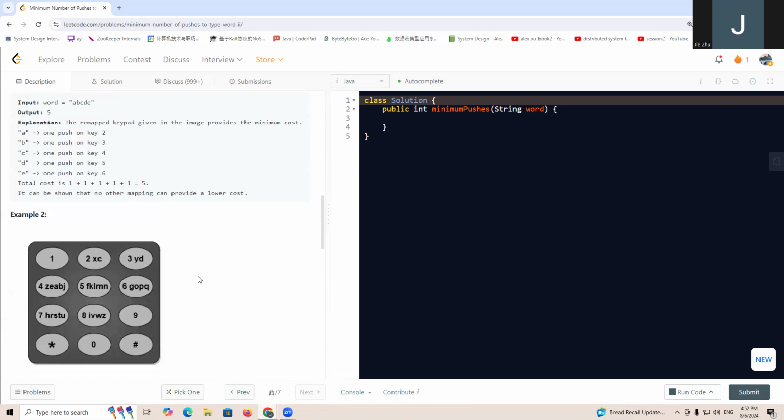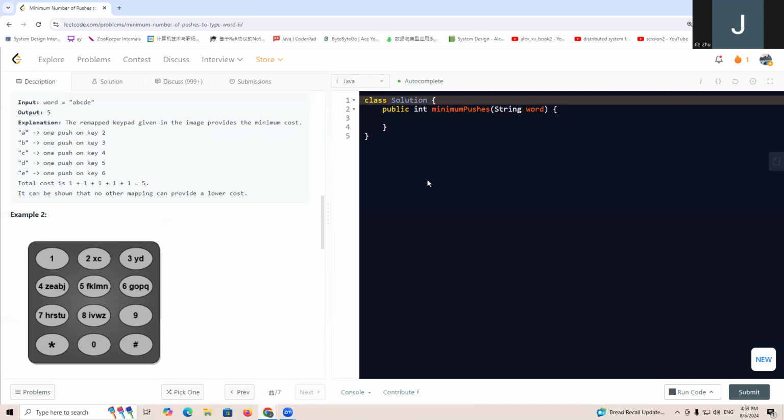So first, we should have the frequency count. Then we put the most frequently used character as the first push.